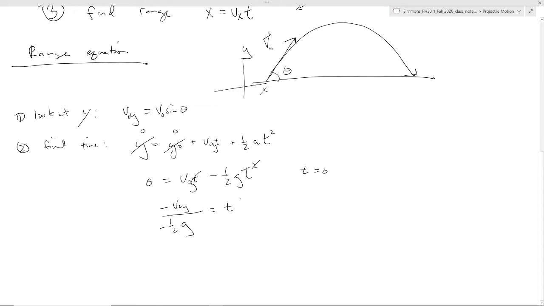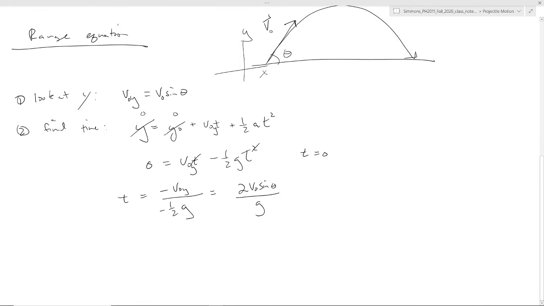Let me write it like this, to be a little more neat. I'll substitute in what we know v naught y is. We can cancel out this negative sign, make this all a little bit more concise. We'd have that. So that's an expression for the time.